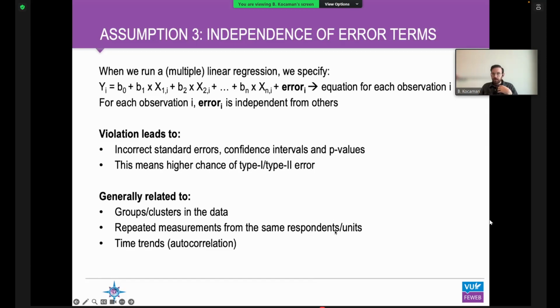So if you ask me something today and in 2 months, my response probably will be correlated. And then it might be related to some kind of time trend. Okay, and if you have dependent error terms, then you will get incorrect standard errors, confidence intervals, and p-values. So there will be a problem with the significance conclusion. And this might also, again, increase the chances of type 1 and type 2 error.